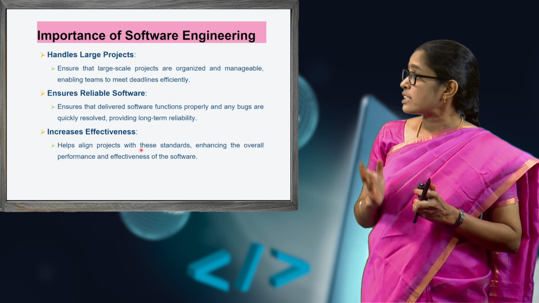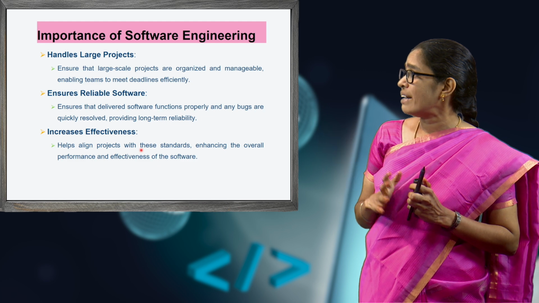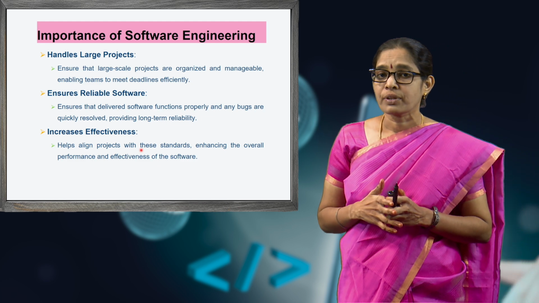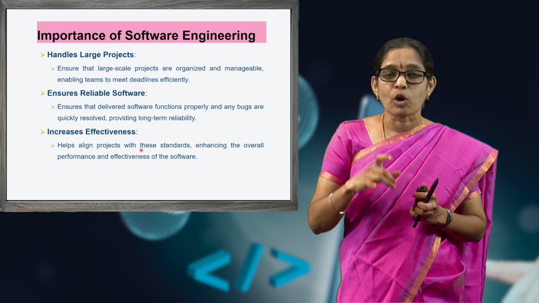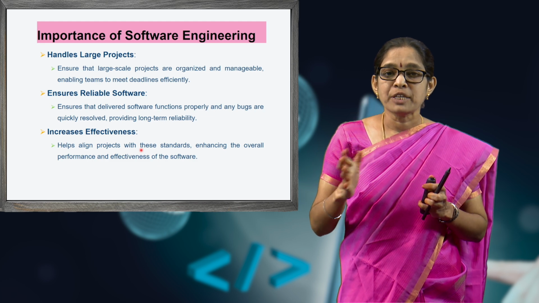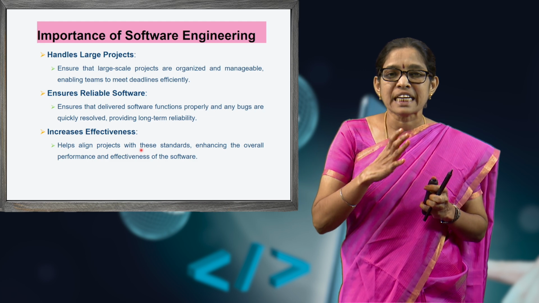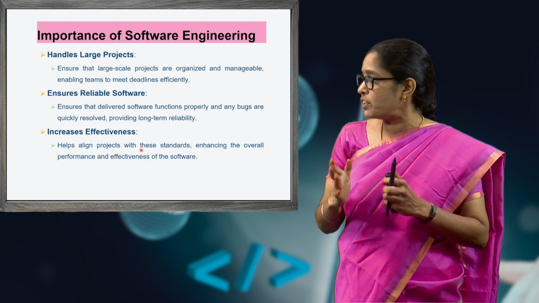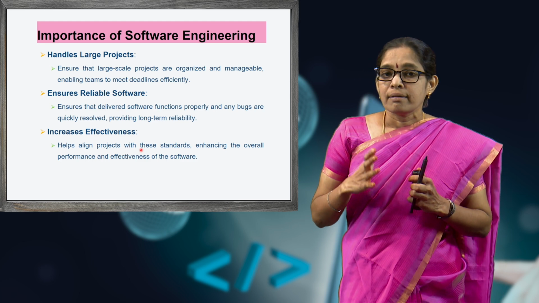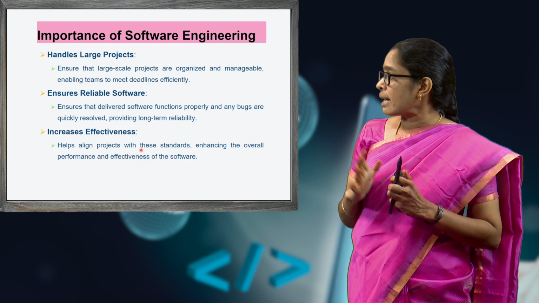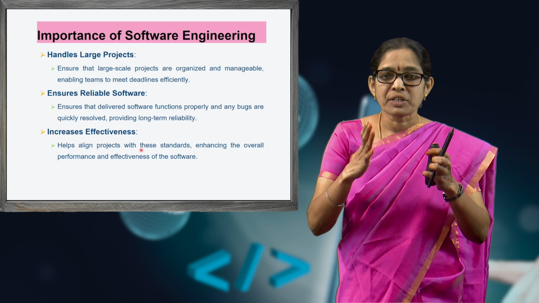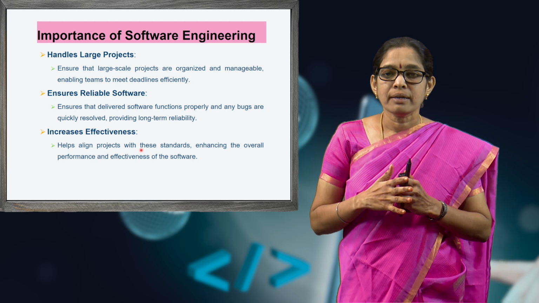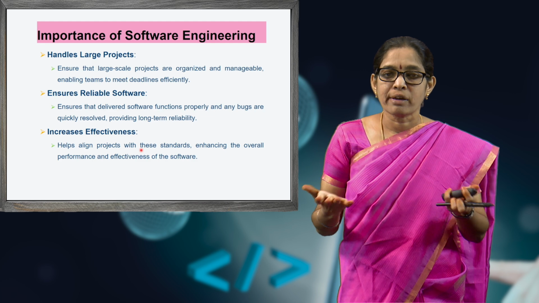Then the next importance is handles large projects. It ensures that complex projects are organized and manageable. It enables the teams to meet the deadlines efficiently. Then ensures reliable software. The delivered software functions properly with no errors.